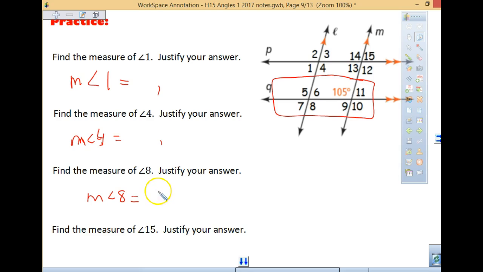They are not supplementary. Is it going to be 105 or 75? 75. So look at how it's open first off. 105, where are these 2 located? They are between my 2 parallel lines, so this is the interior, right? What's our one with interiors?